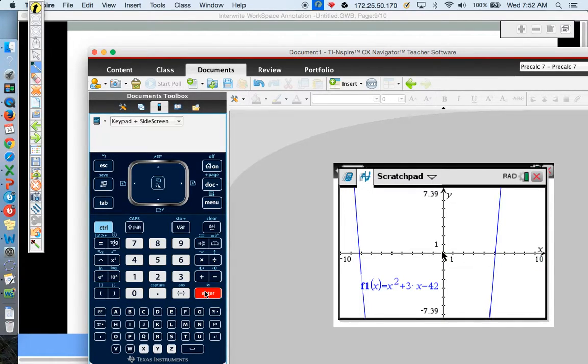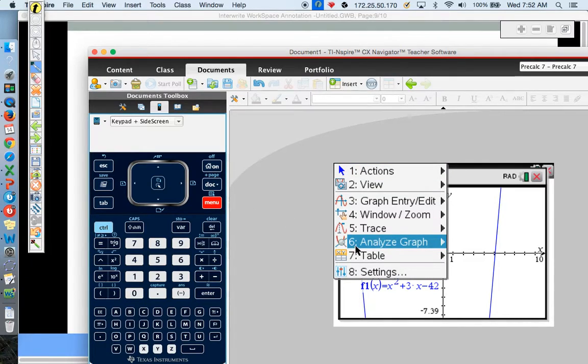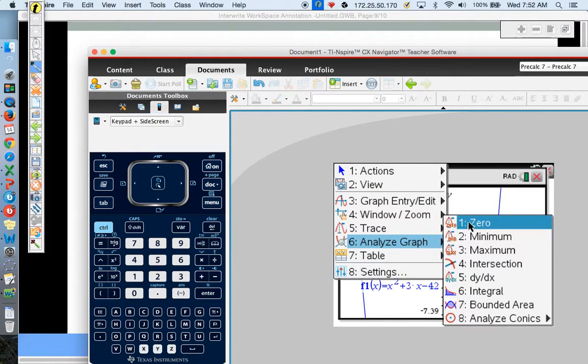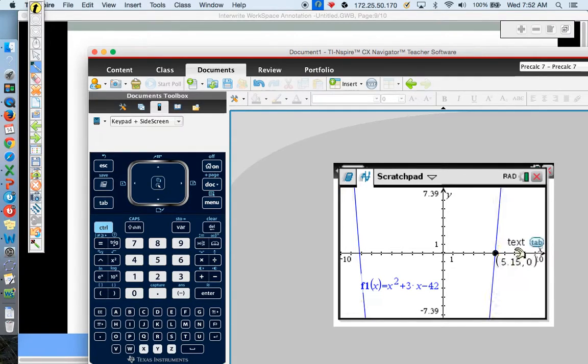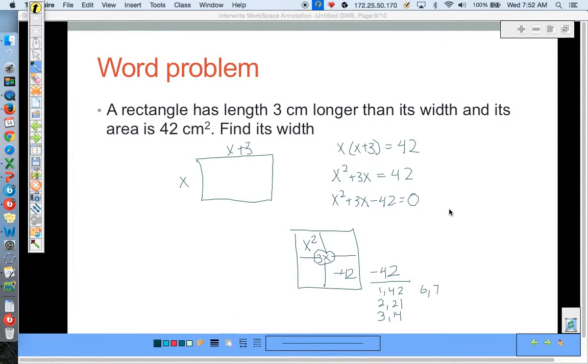Well, it crosses, let's see, 1, 2, 3, 4, 5. I wonder if it doesn't cross at a nice point. So let's see. Analyze graph, let's find a zero. 5.15, yeah, that's why we can't factor it. So this is one we'll talk about next time, and that we'd have to do with the quadratic formula. And we'll talk about that in about another day or two. So this one's not factorable, but you could solve it with the quadratic formula.